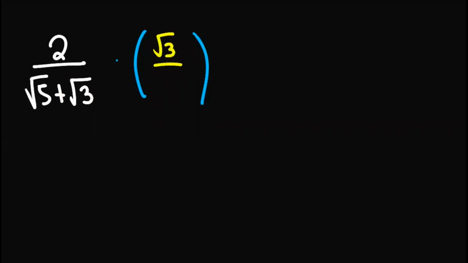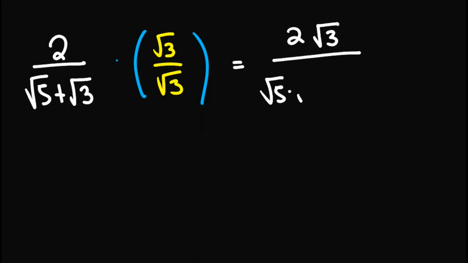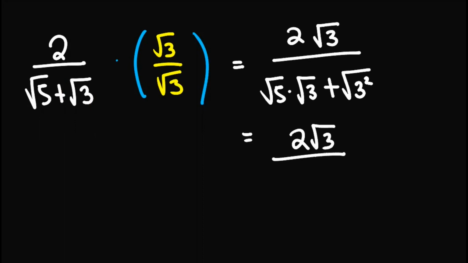If we try that one, then this outcome will be 2 square root of 3 over square root of 5 times square root of 3 plus square root of 3 squared out here. This will become 2 square root of 3 over square root of 15 plus 3. So we still have a radical in the denominator.